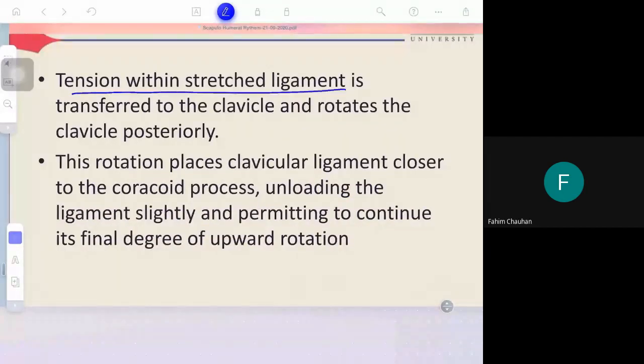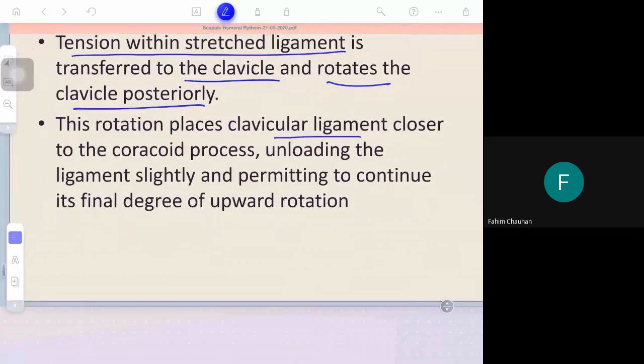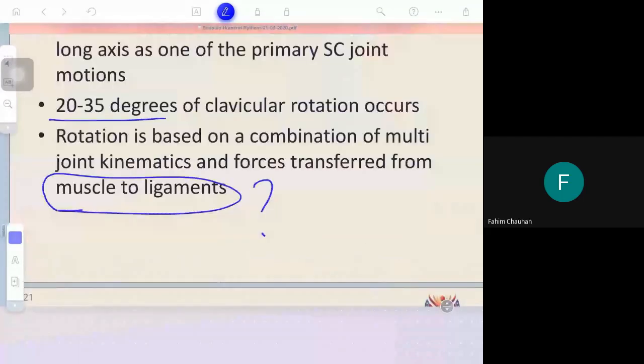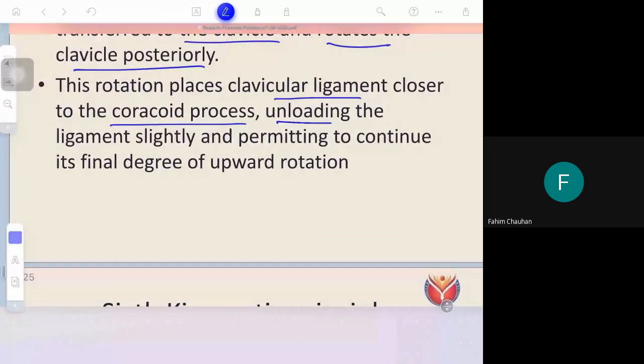The tension in the stretched ligament is now transferred to the clavicle, and it starts rotating the clavicle posteriorly. Clear? So this rotation places the clavicle closer to the coracoid process, unloading the ligament slightly and permitting the final degrees of upward rotation.